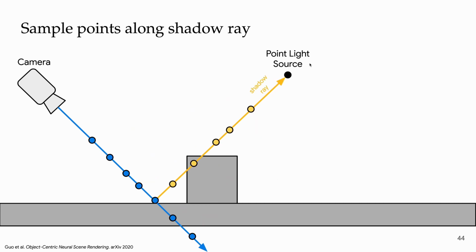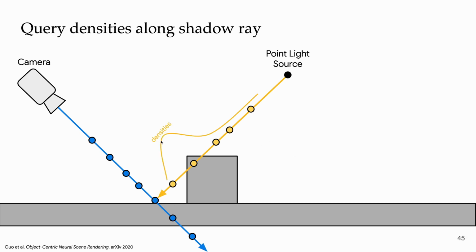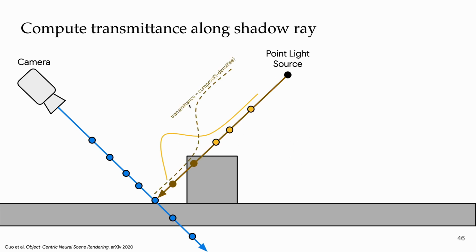For each shadow ray, we again recursively sample points along this shadow ray, and then we can compute the densities along this ray using our trained OSF model. Given these densities, we can then compute the transmittance along this ray, which is simply the cumulative product of 1 minus the densities.